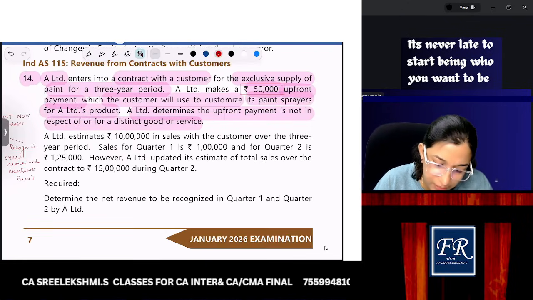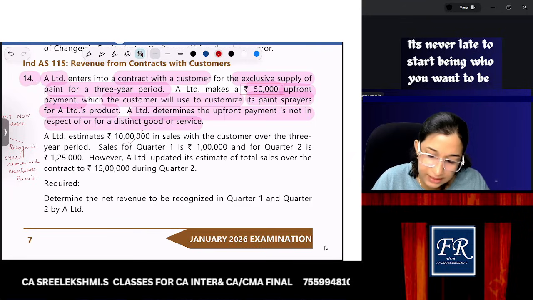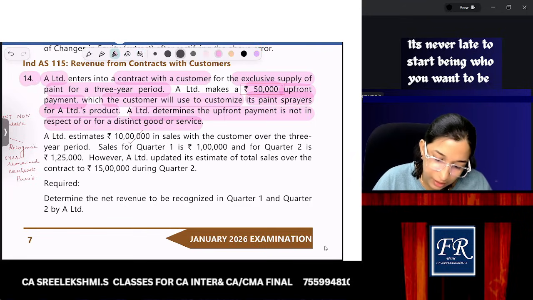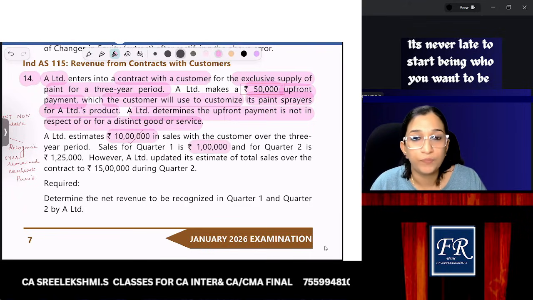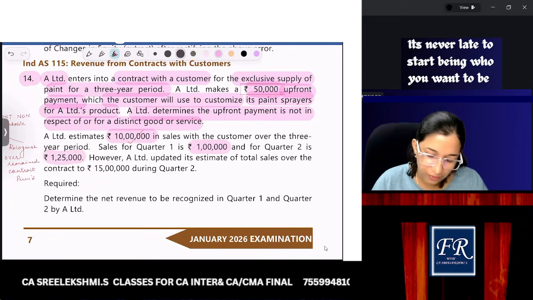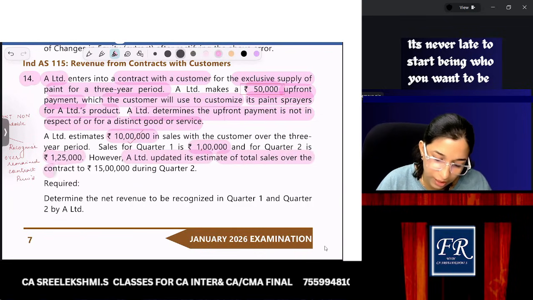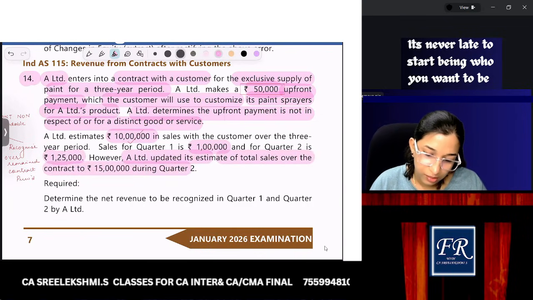A Limited estimates 10 lakhs in sales with the customer over the 3-year period. Sales for quarter 1 is 1 lakh and for quarter 2 is 1,25,000. However, A Limited updated its estimate of total sales over the contract to 15 lakhs.